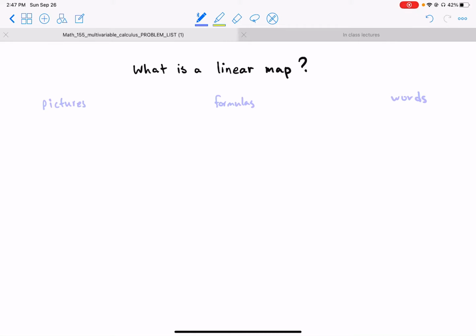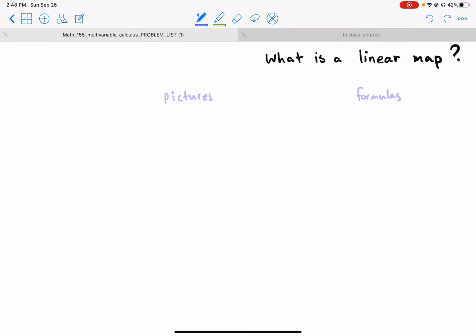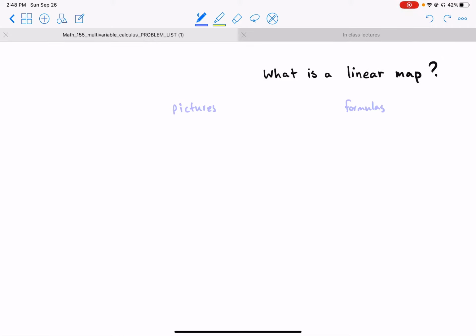Okay, hello everybody. What is a linear map? Maybe we'll say it first in pictures, or draw it first in pictures. Let's say L, for linear, is a map sending the line into the plane. Here's the line, and L is going to send it to the output space, which is two-dimensional.